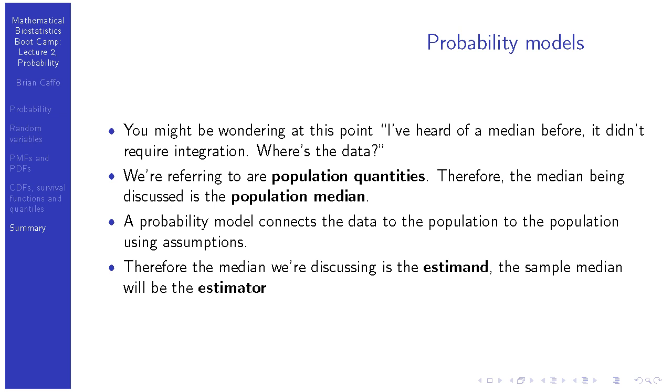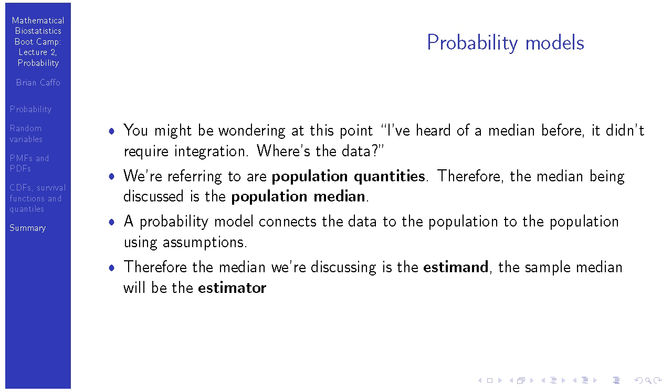What in the world is Brian talking about at this point? So when we talk about the median that we're discussing in this lecture, we're talking about the population median. And when you collect data and you take a sample median, that's an estimator of something, so we should talk about what that's an estimator of. It has to have an estimand.